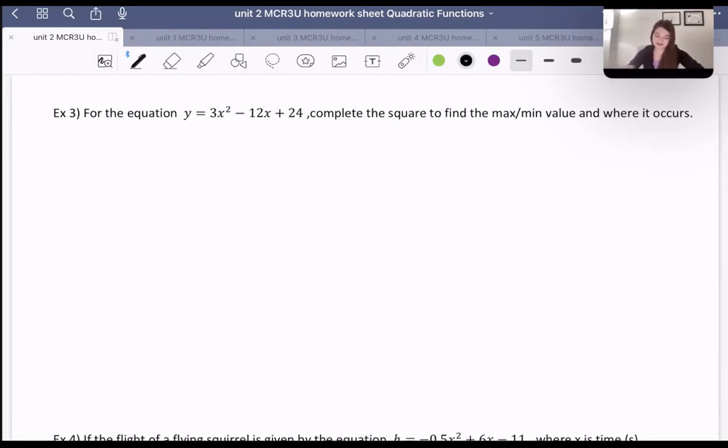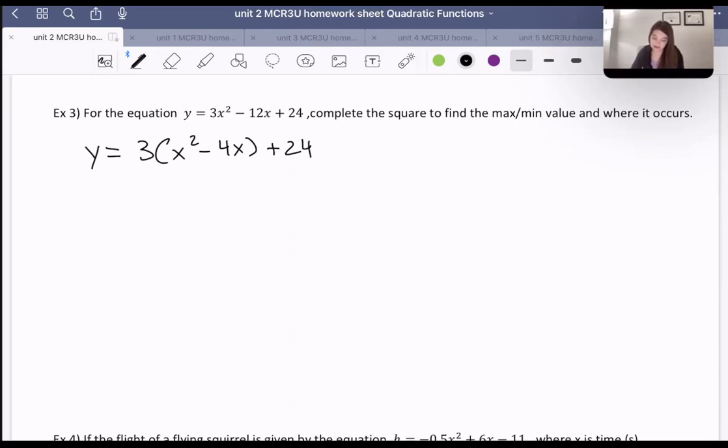So let's do it. y equals 3x. Oh no, sorry, just the leading coefficient: 3 times x squared minus 4x, plus 24. So all I've done here is just factored out that 3.